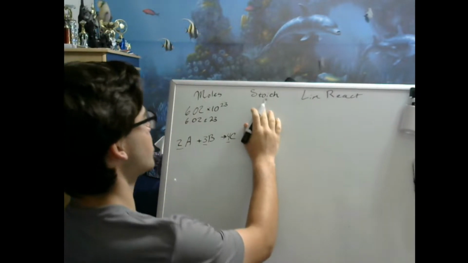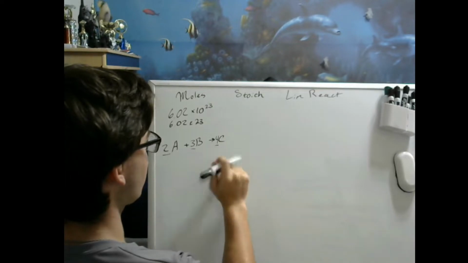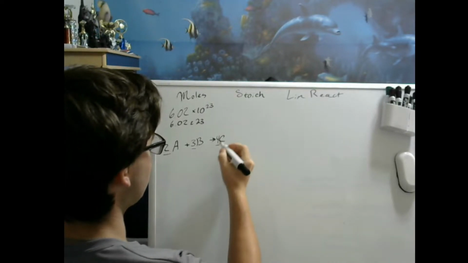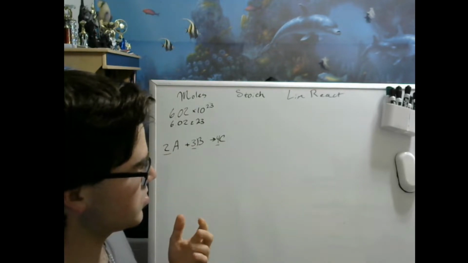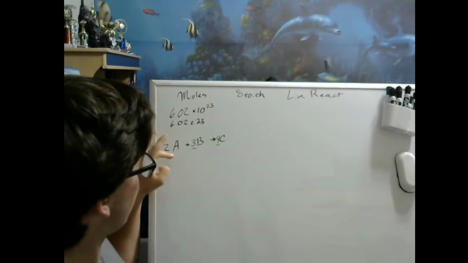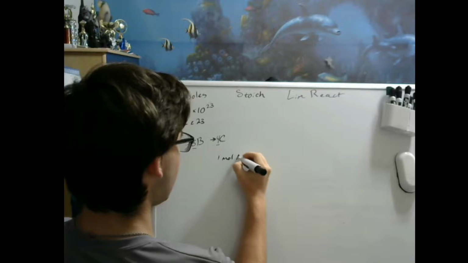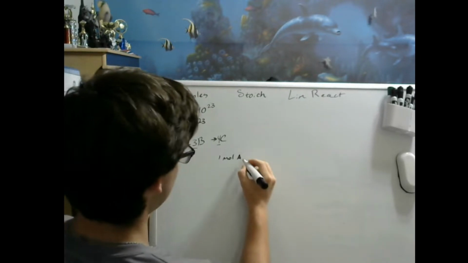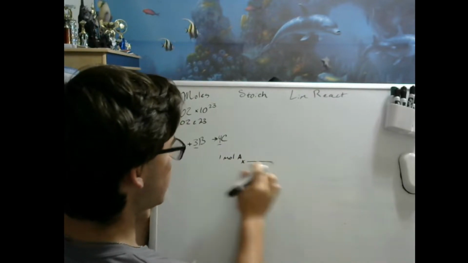So say you want to know how much C you're going to produce if you're given 1 mole of A. So 1 mole of A times, when you're doing stoichiometry, you bring this down here.